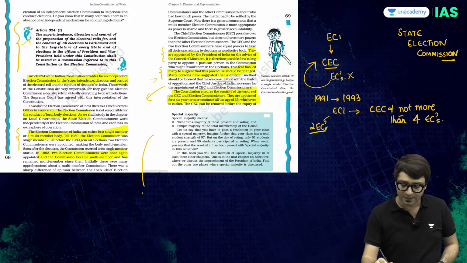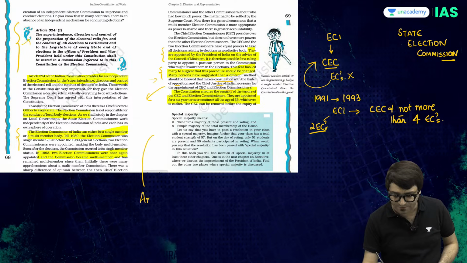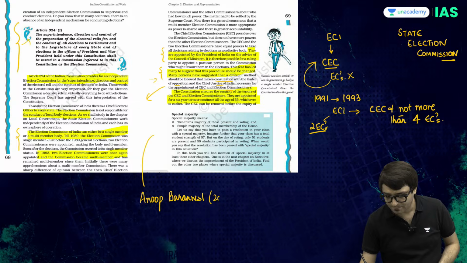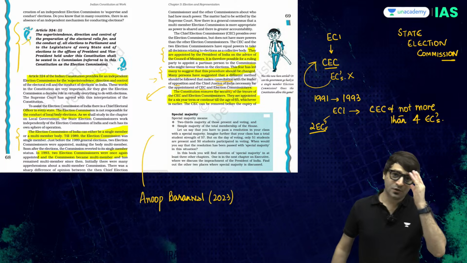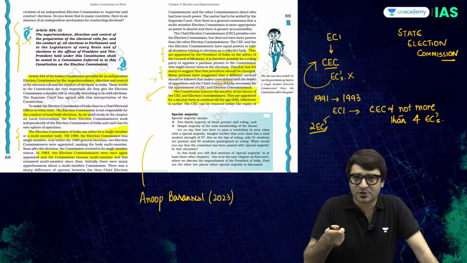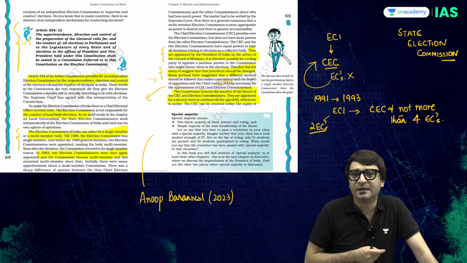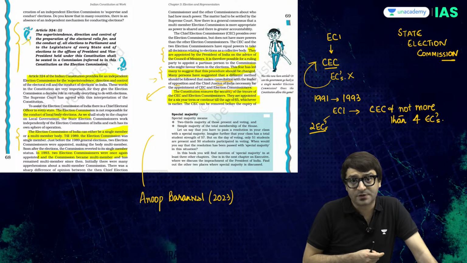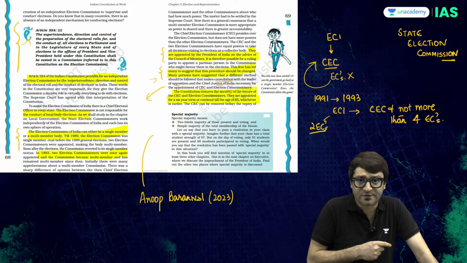How? A public interest litigation was filed. Anup Baranwal. Supreme Court was asked, my lord, this system, this procedure of appointments to the Election Commission of India, it violates free and fair elections. There is so much executive interference.